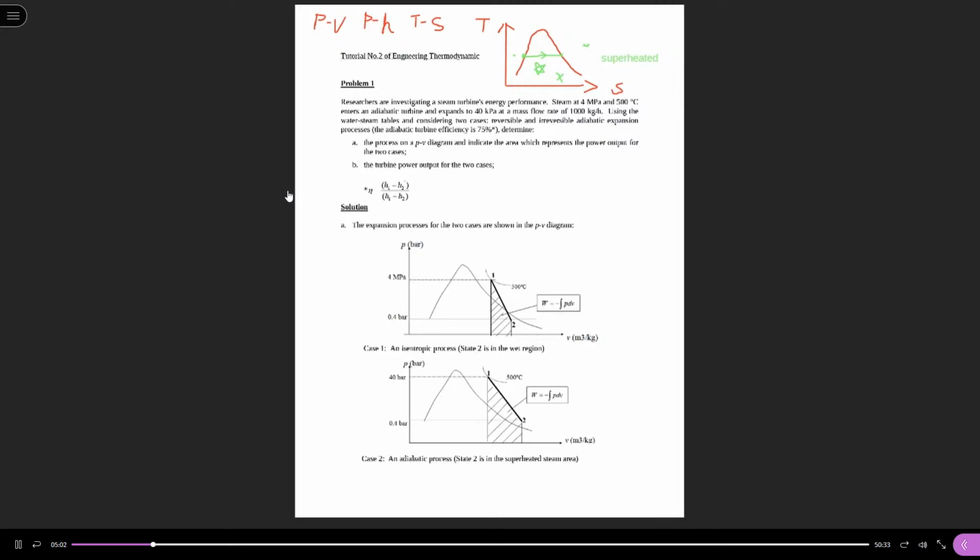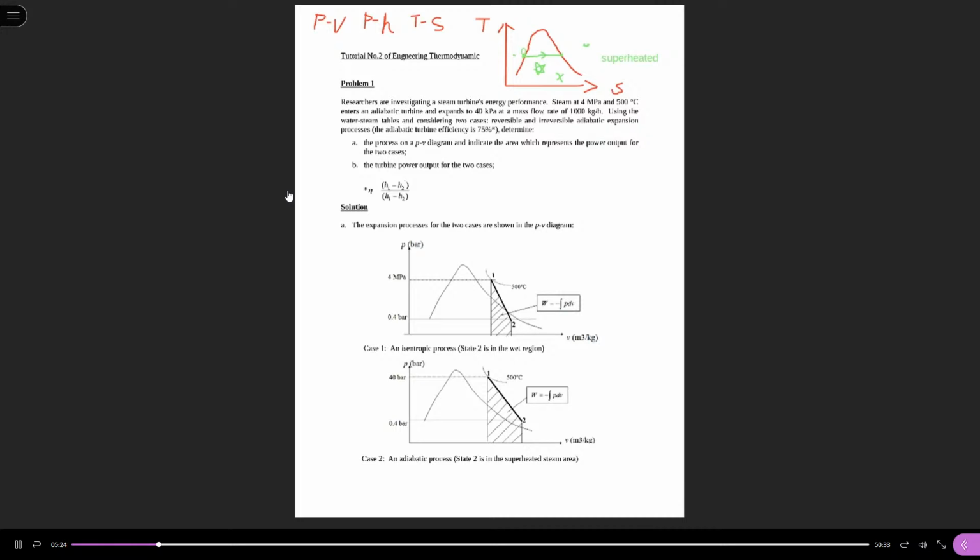For example, here the dryness fraction is 0, and here the dryness fraction is 1. This is the meaning: the mass of dry vapor.